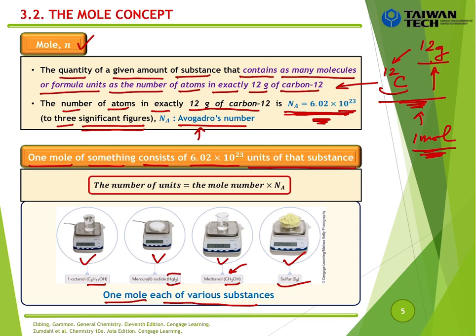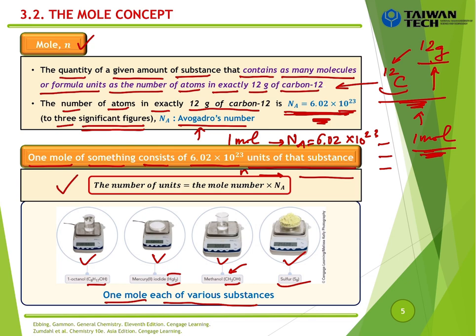So we know that 1 mole of any substance we have NA equal to 6.02 times 10 power 23 formula units. Maybe atoms, maybe molecules, or maybe formula units if we consider substance. So if you know the mole number, any mole number, then you can calculate for the real number of the units in our substance.